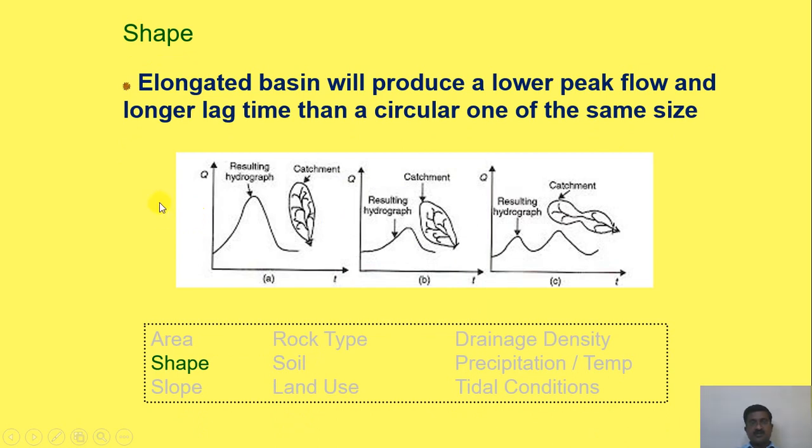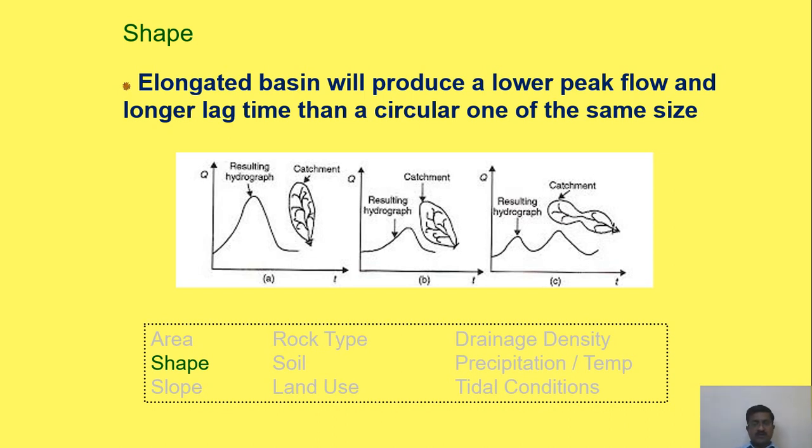Next one is the shape. Elongated basins will produce a lower peak flow and longer lag time than a circular one of the same size. So this is very important, how the shape is going to affect. An elongated basin shape will be producing a lower peak flow.